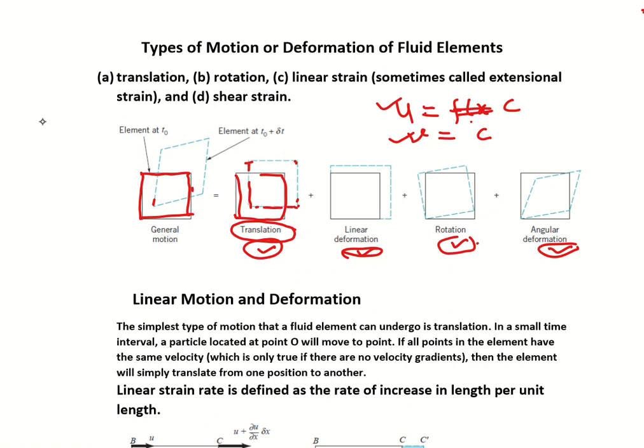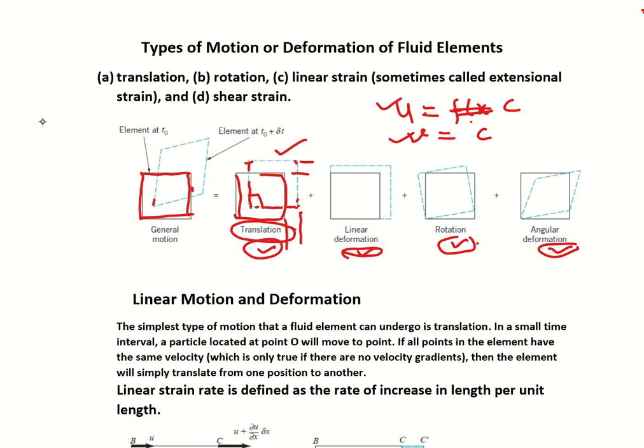So this distance will be equal to u into t, and this distance will be equal to v into t, and it will have the same shape, meaning its angle will remain 90 degrees and there will not be any deformation. So this is called pure translation. In this case there is no deformation.